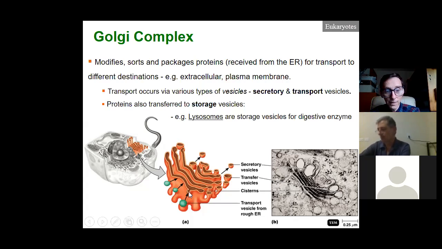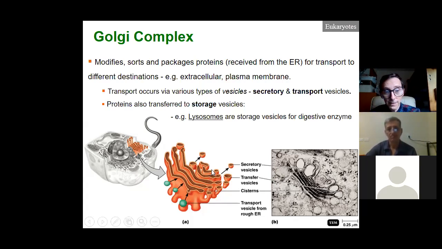So here we have a vesicle that's currently joining the Golgi apparatus. The Golgi apparatus modifies the proteins, meaning chemically alters them, making them the protein you want them to be. And then it packages them and sends them elsewhere in the cell.